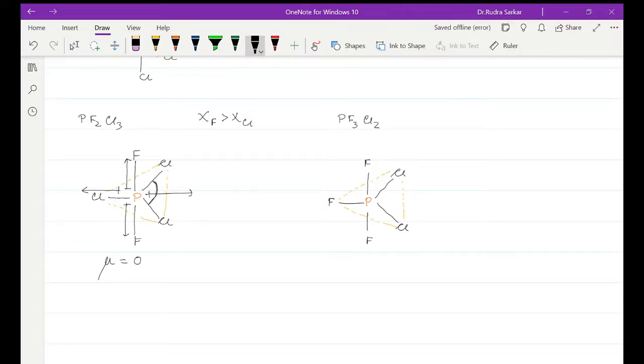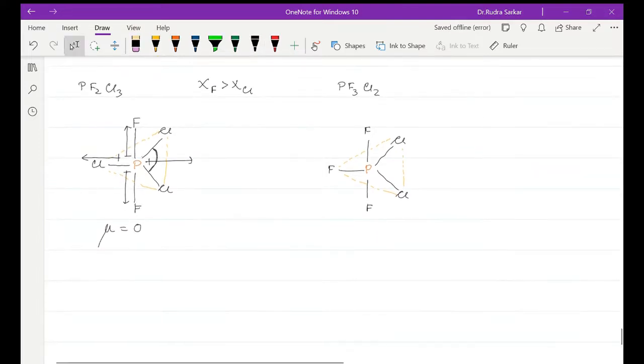So this will be 0, whereas over here, no doubt this fluorine will cancel out the bond moment of that fluorine, but the resultant moment of the two Cl bond moments is lying at an angle of 120. So this is mu resultant P-Cl basically. Here also we should write mu resultant P-Cl, and this is only mu P-Cl.